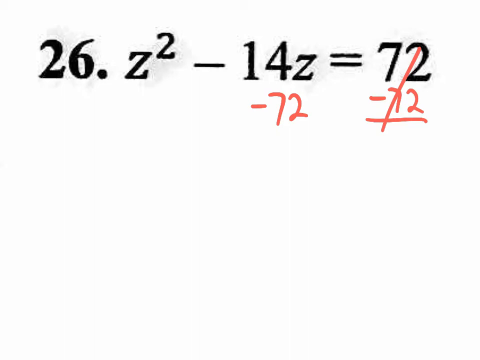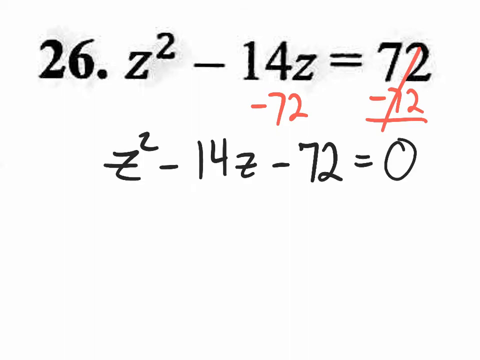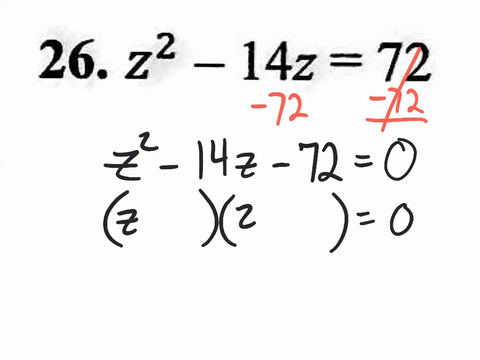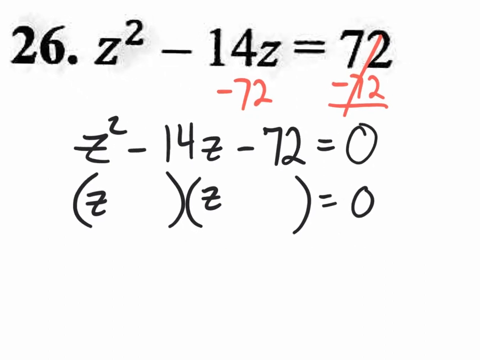So your new equation will be z squared minus 14z minus 72. And now once you have this standard form quadratic trinomial equal to 0, now you can think about the shortcut and put a z right there and a z right there and simply think what times what is negative 72, that if you add together is negative 14.